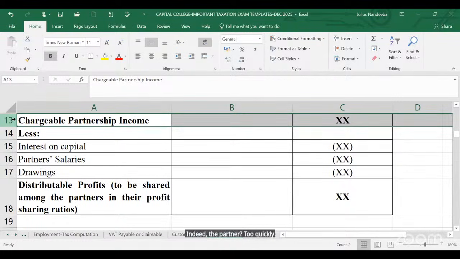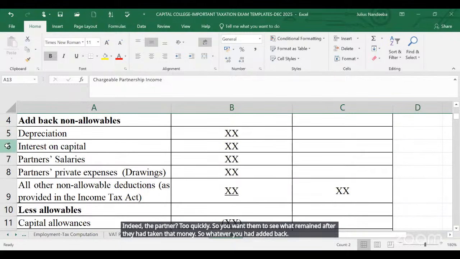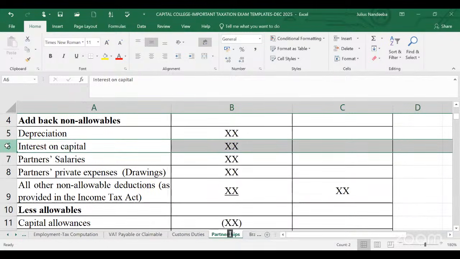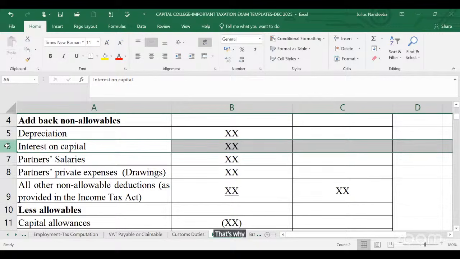So you want them to see what remained after they had taken that money. So whatever you had added back, if I had added back interest on capital, I come back and subtract it now because I'm now looking for the distributable profits. That's why you earn 3 marks consecutively. What are the 3 marks?